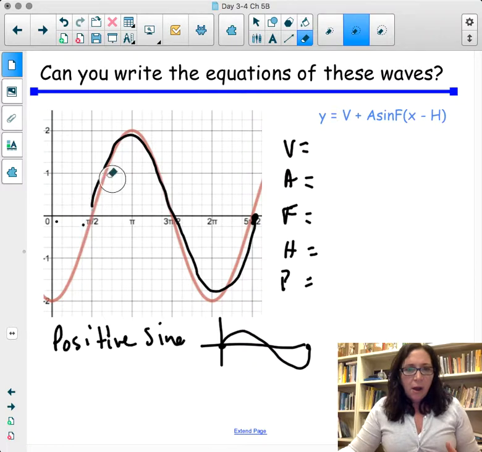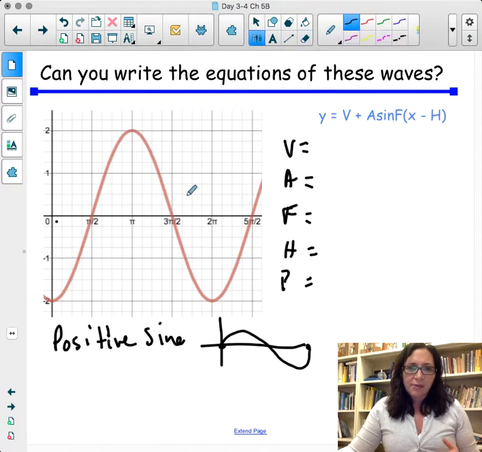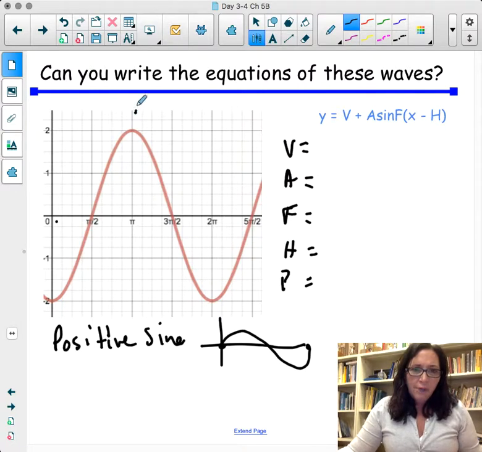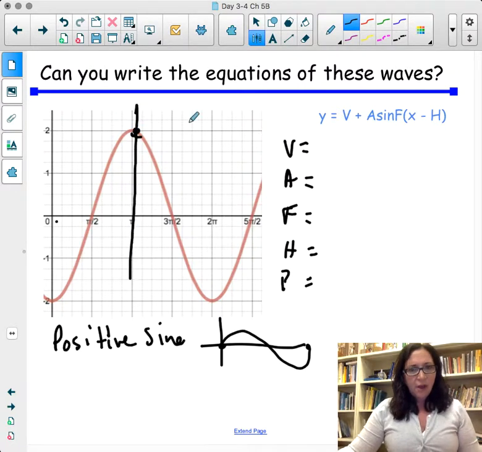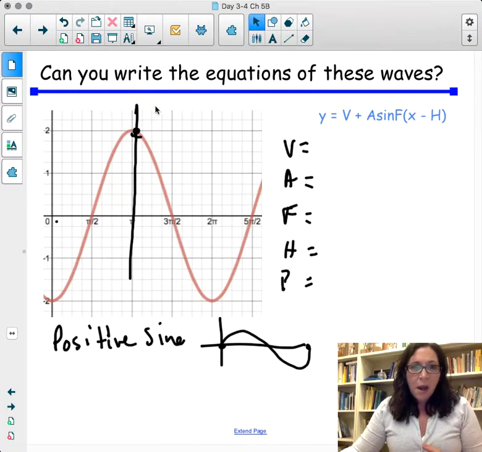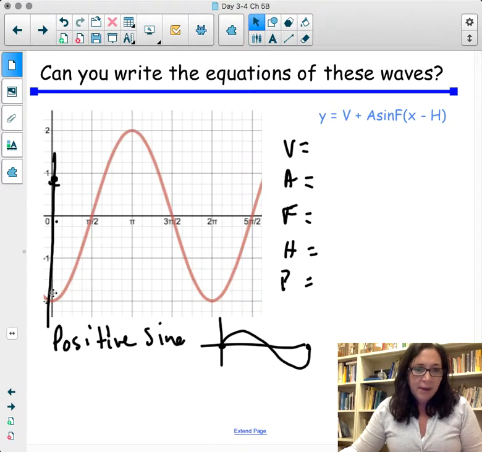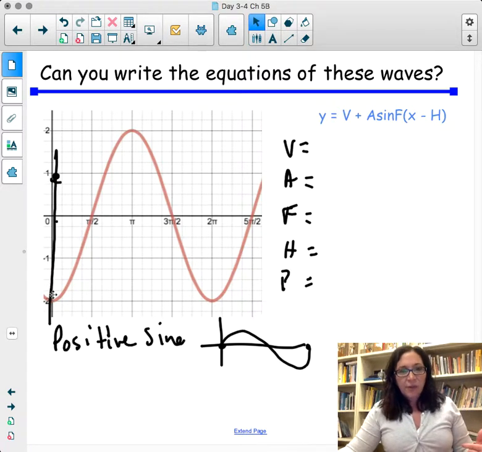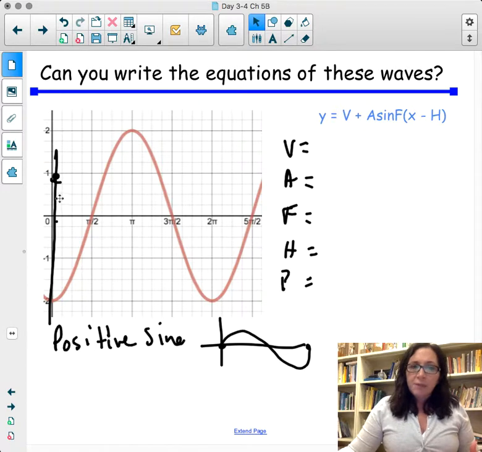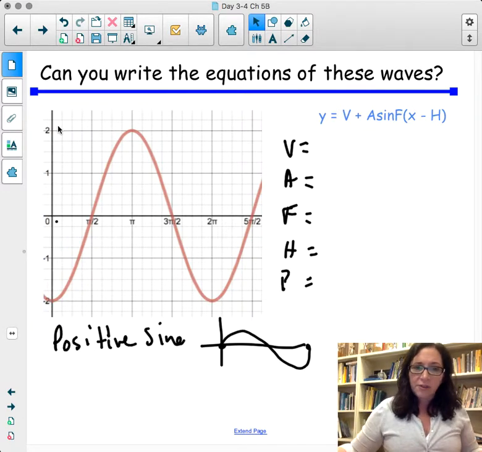But in addition to that, I could make this graph a cosine wave. See that? Starts high. Even though I can't see it, I know it's going to end high, right? So that could be a positive cosine wave. Or I could shift this over here and guess what? Make it a negative cosine wave. So you have a lot of options. And so we're going to talk about that.